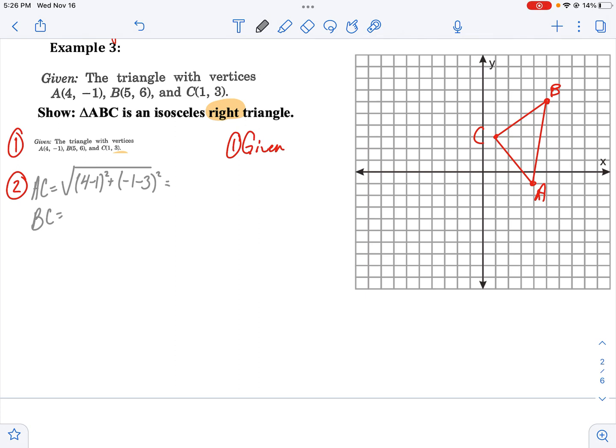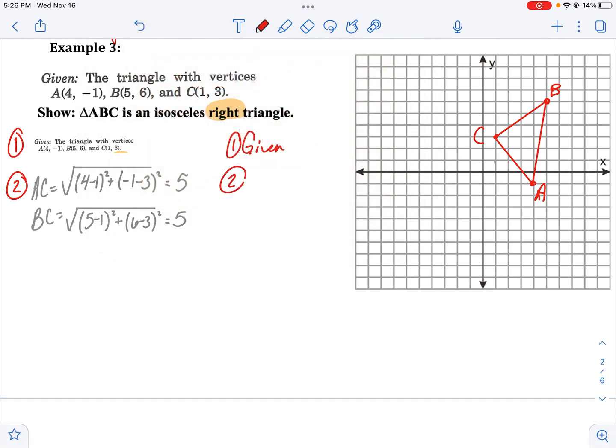That would be 9 plus 16, which would be the square root of 25, which would be 5. BC would be 5 minus 1 squared plus 6 minus 3 squared, which would be, again, 5, if I were to simplify that.